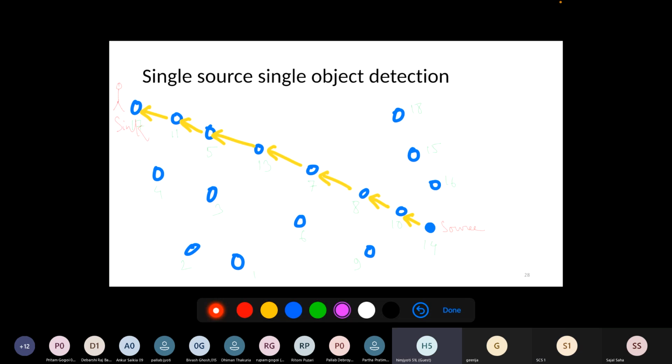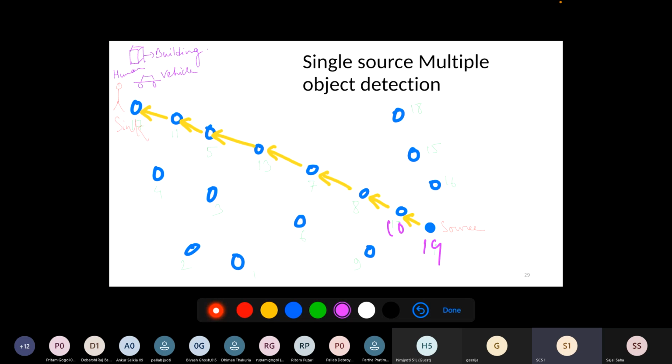Okay, no issue. This is 14, this is 10, this is 8, this is 7, this is 13, 5, 11, 17, and these are different numbers up there. So this one is source, and this one is sink.